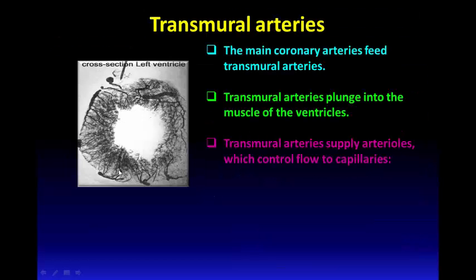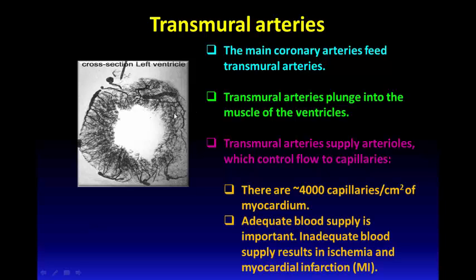The main coronary arteries feed transmural arteries. These are transmural arteries. The transmural arteries plunge into the muscle cells of the ventricles, into the myocytes. Transmural arteries supply arterioles which control blood flow to the coronary capillaries.